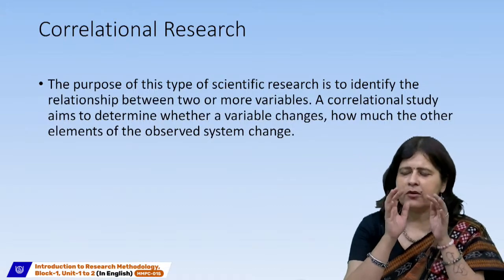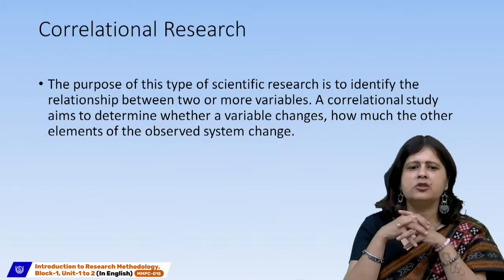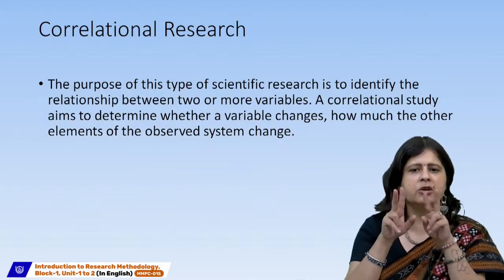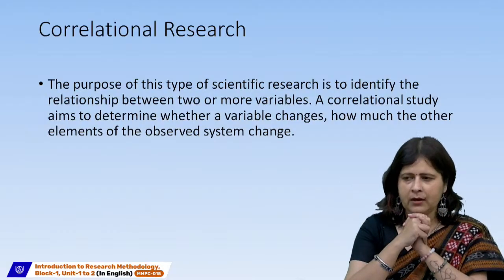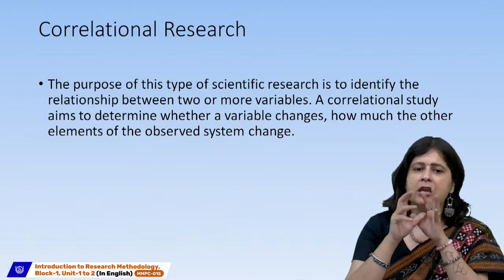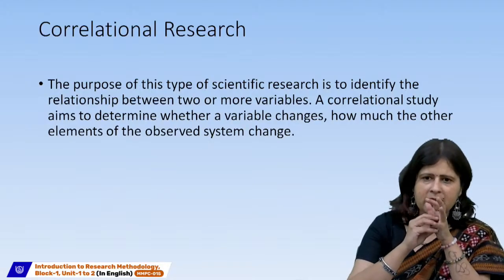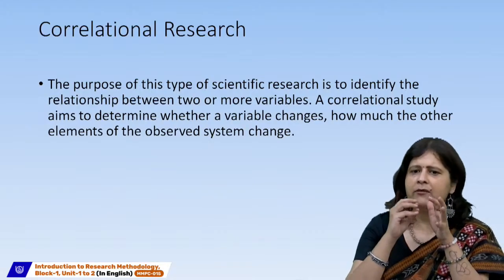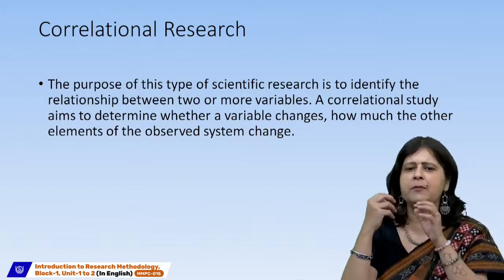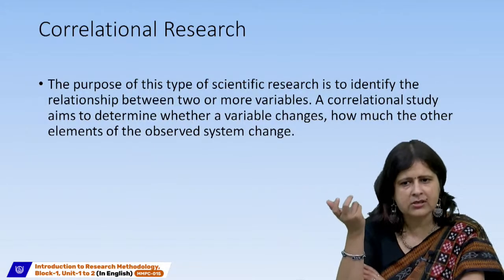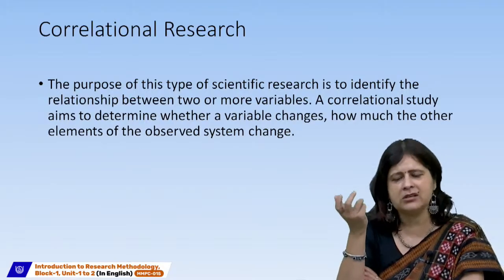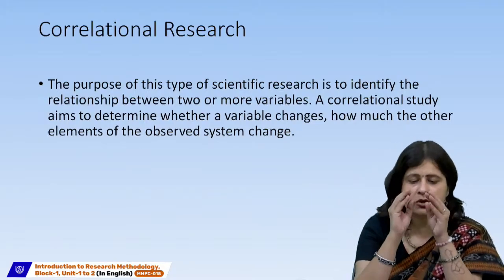The purpose of this type of scientific research is to identify the relationship between two or more than two variables, right. A correlation study aims to determine whether a variable changes, right, and how much the other elements of the system or observed system change.